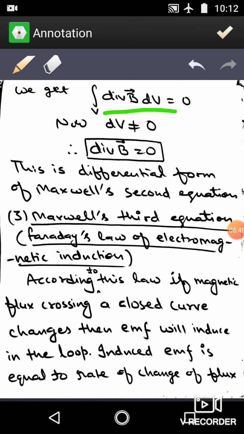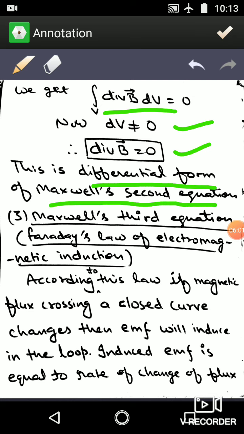Therefore, divergence of B dot dV is equivalent to 0. dV cannot be 0, therefore divergence of B will always be 0. This equation is known as the differential form of Maxwell's second equation. Okay, let us move on.